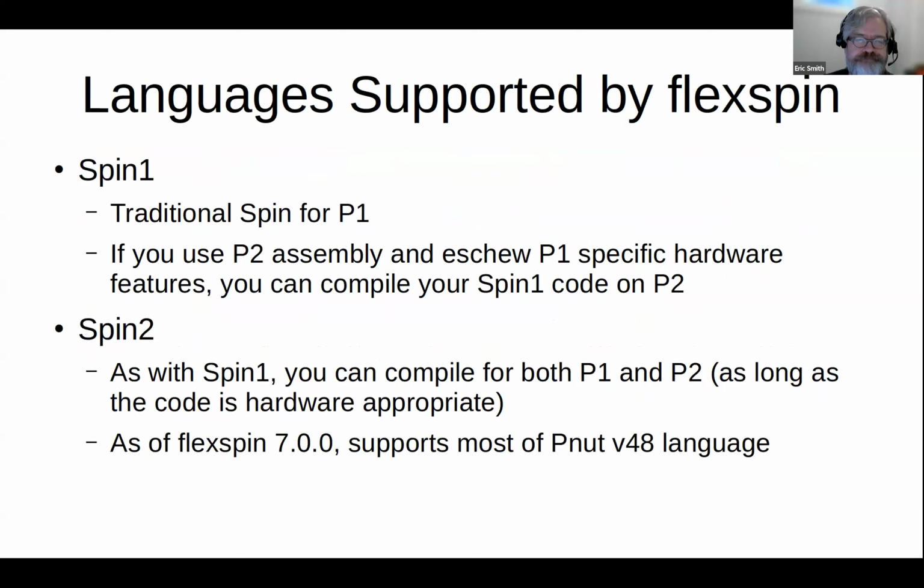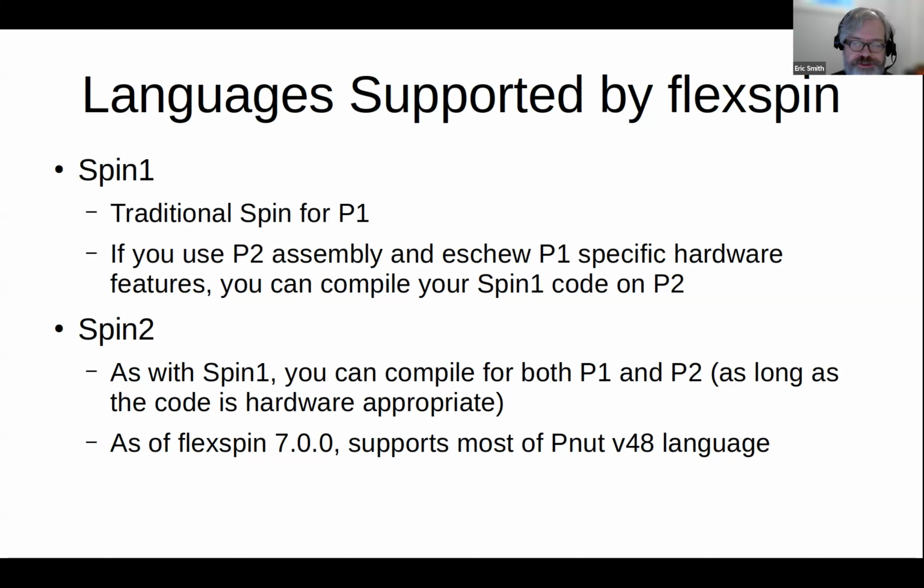So the languages that FlexSpin supports, there's Spin 1, the traditional Spin for the P1. If you use P2 assembly and don't use any P1 specific hardware features, you can compile Spin 1 code on P2.